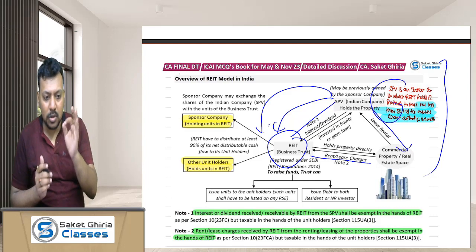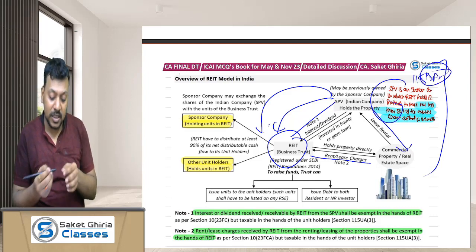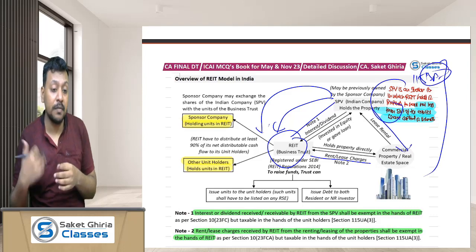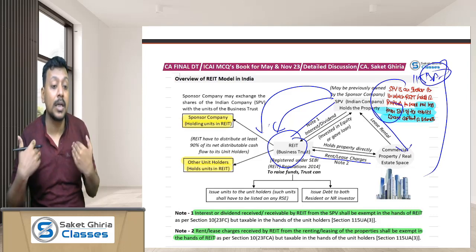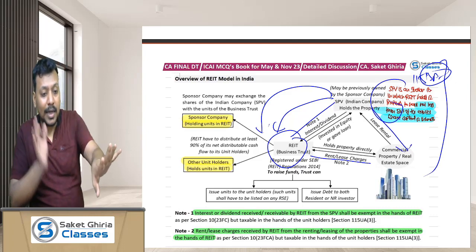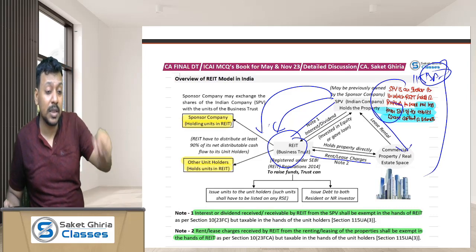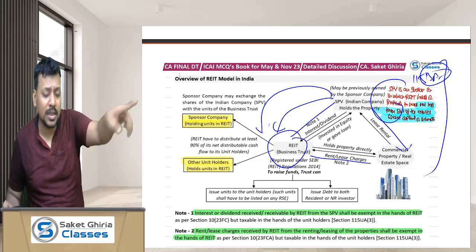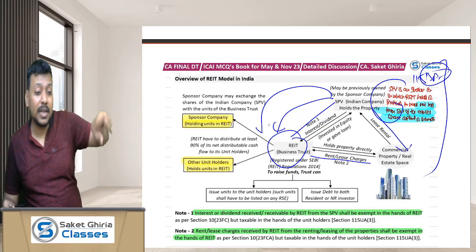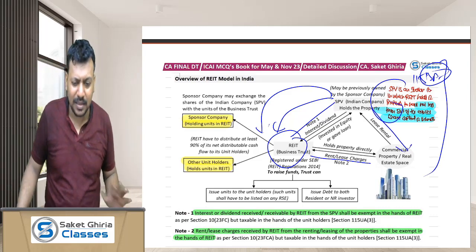But if the SPV has opted for 115BAA, then as SPV is taking the advantage of a beneficial taxation regime, we are the government, we have to run this country, we also need some tax revenue. In that case, the dividend would not be exempt in the hands of the unit holders, means the dividend would be taxable in the hands of unit holders, and whatever amount is taxable in the hands of unit holders, the REIT has to deduct TDS under section 115 LBA, I think.